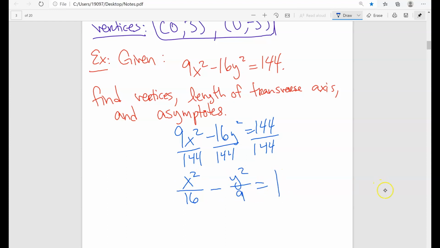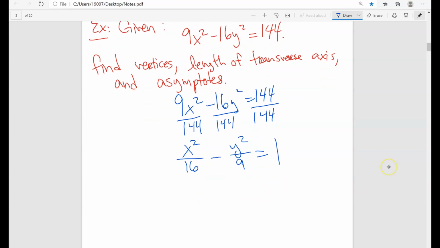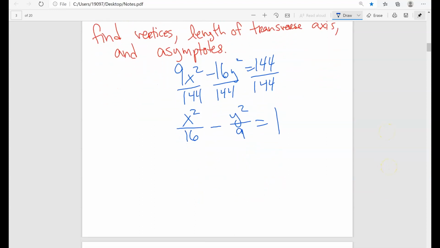Okay. Now, even though the problem didn't ask us to graph it, I'm still going to do it anyway because I feel like it's useful. So in the x direction, notice that you're moving 4 units over, because this is now my a squared, because that's the guy that's positive. This is going to be my b squared. So that means a is going to be the square root of that, which is 4, and then negative 4.